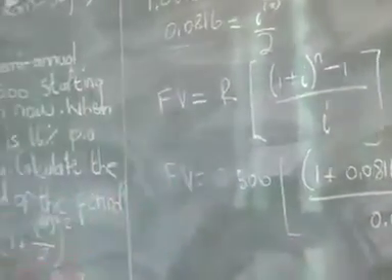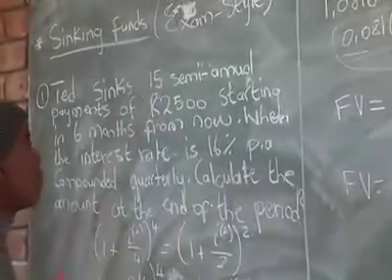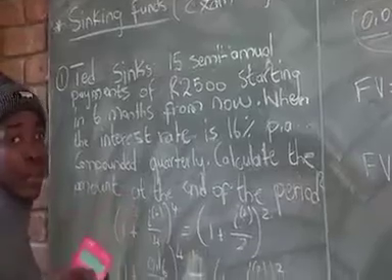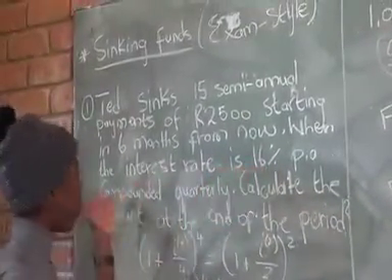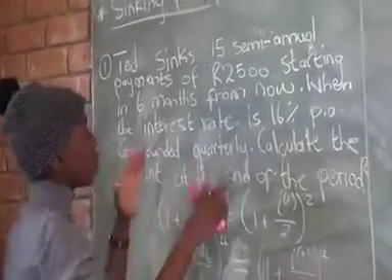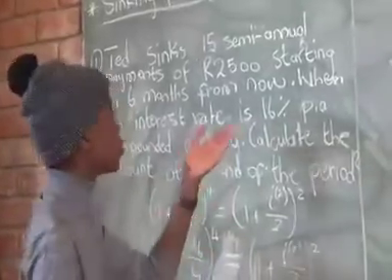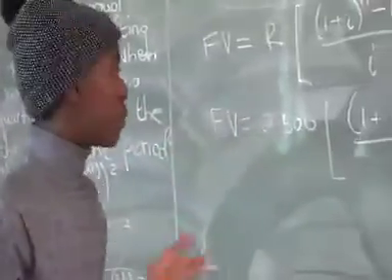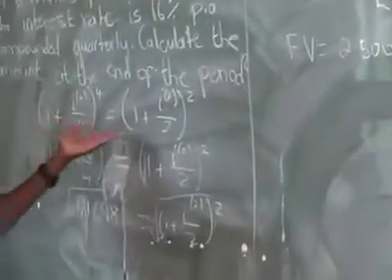But here the case is different, because they told us the payments are going to be made semi-annually, twice a year, after 6 months, while the interest rate is compounded quarterly. So we convert it into a semi-annual basis so that we can work with it. This is the formula that I've used to convert.